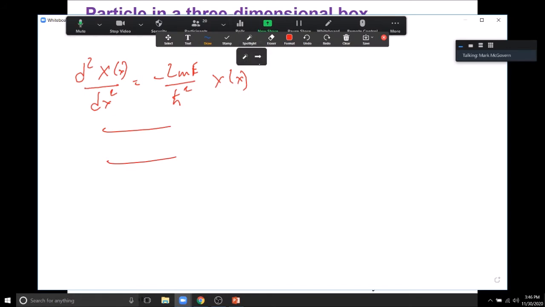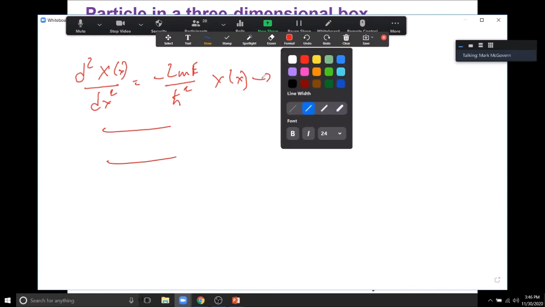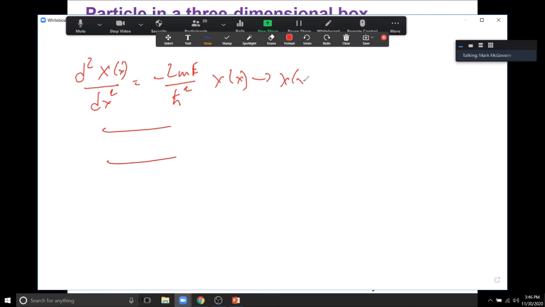The solution to this particular equation is, in its most complete form, a cosine of radical 2mE over h bar times x, plus b sine of radical 2mE over h bar times x.